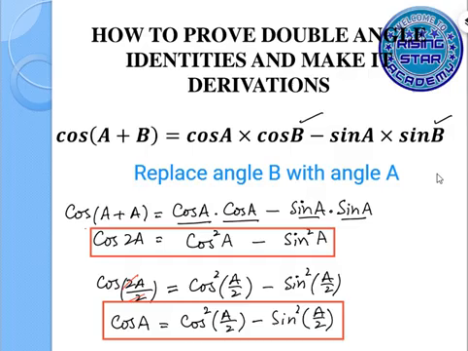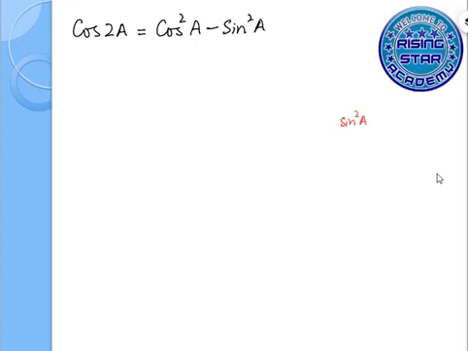Now we will prove the other identities from this double angle. So we know that cos of 2A is equal to cos square of A minus sine square of A. So for the second identity, we know that sine square A plus cos square of A is equal to 1.